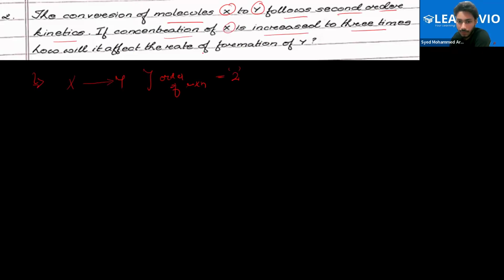How will it affect the rate of the reaction of the formation of Y? You just have to write the rate law expression. So the rate law expression is basically r equals k x to the power of 2.